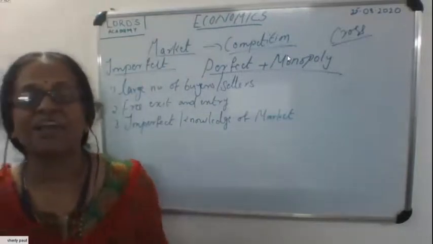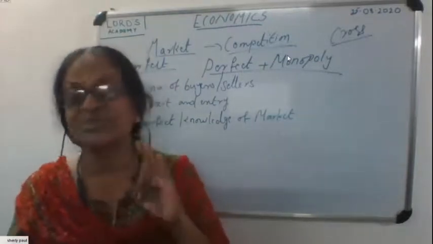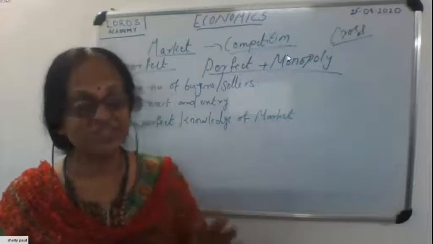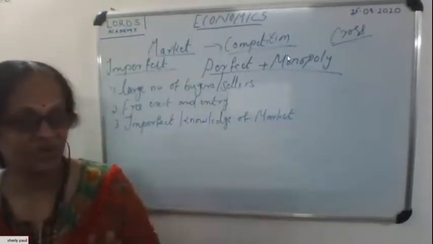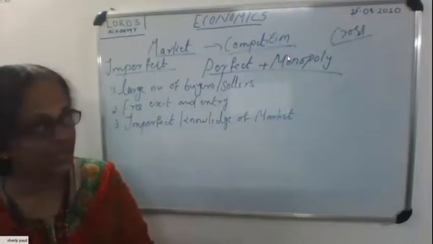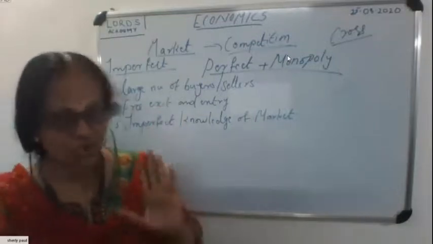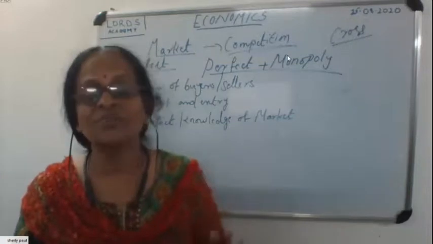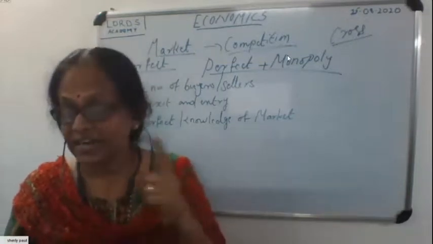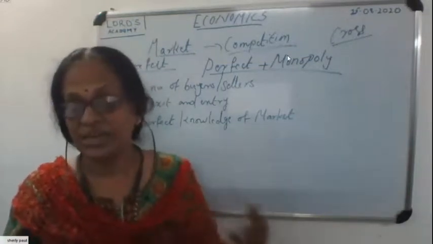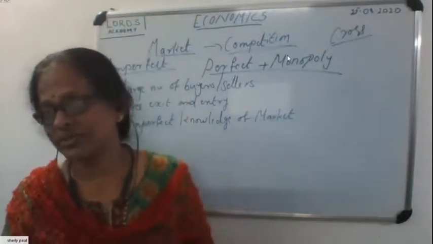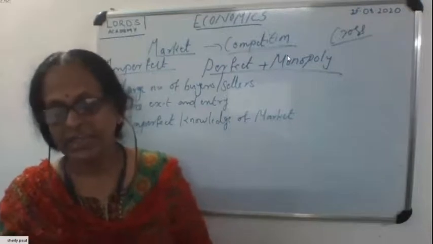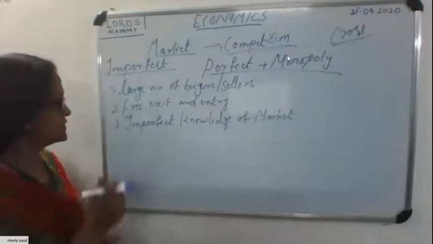In the same paragraph, three or four times the word relatively is used. That is special in monopolistic competition. It is not only imperfect competition, monopoly is also there. But here in monopolistic competition, this relatively complete information about the sellers and the buyers is there. Clear? Then individual price policy.